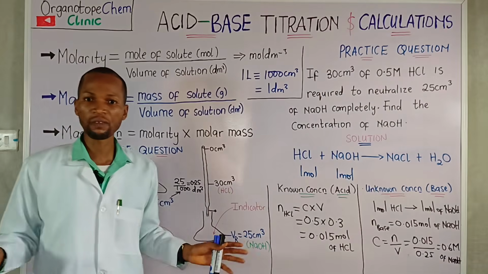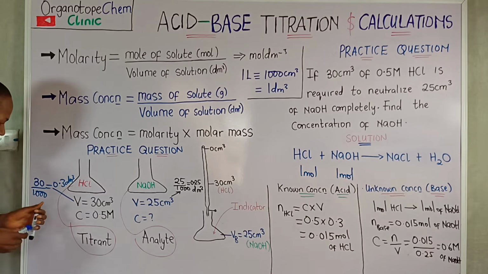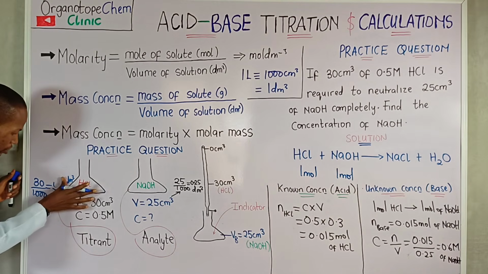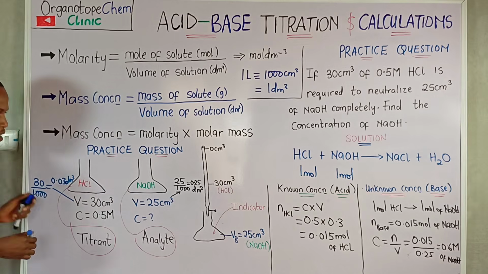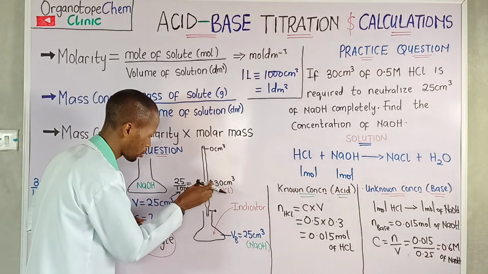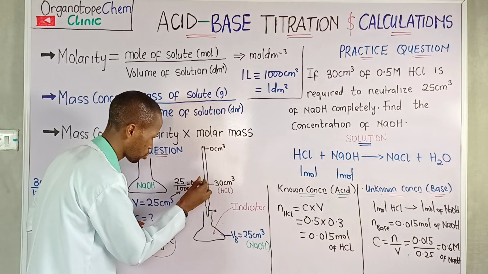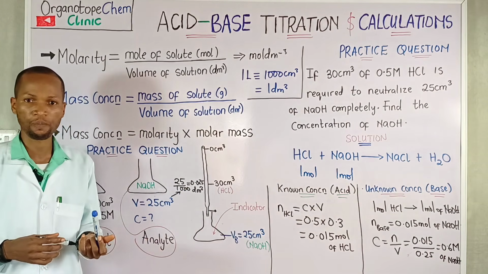Make sense? Kindly make the following adjustments on the values of the volumes determined. This should be 0.03 dm cube, and also we are expected to have 0.025 dm cube for the volume of base.